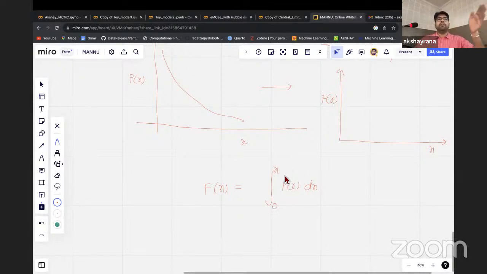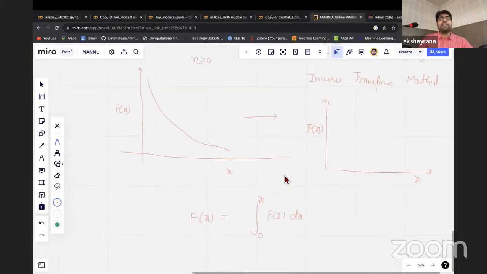So if you see what I'm doing, I'm integrating my probability distribution function over x and I'll keep plotting it. If I consider this P(x) to be a normalized distribution, can anyone tell me the range in which this cumulative distribution function will vary?